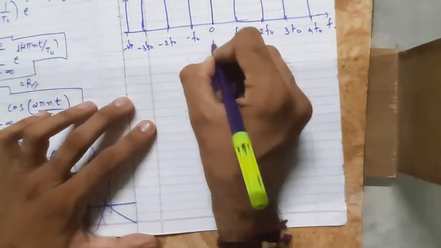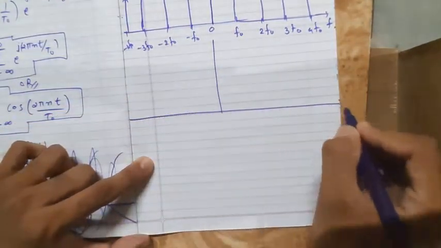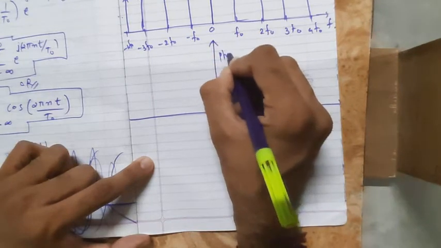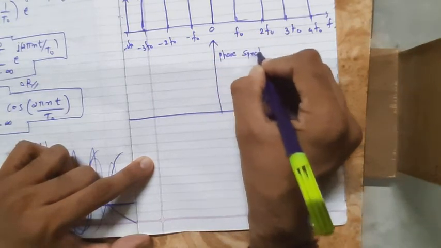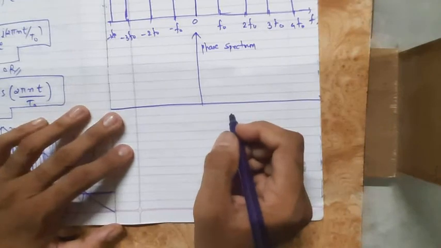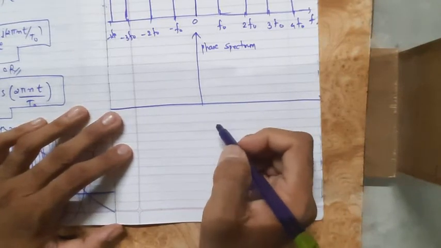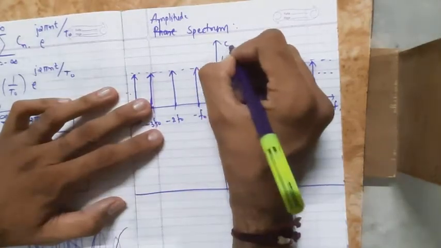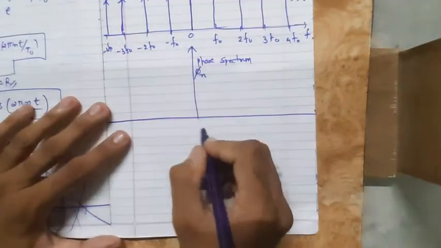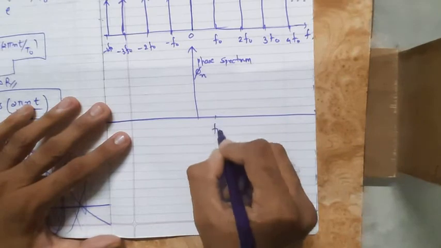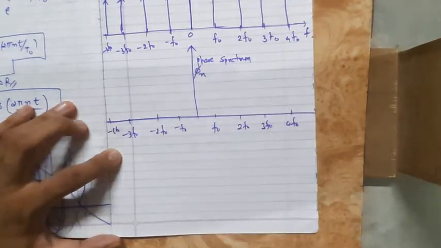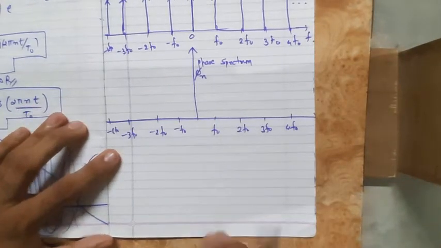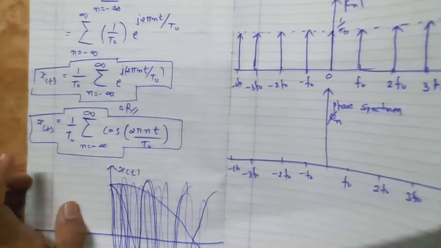Okay, and immediately I am going to plot the phase spectrum. So the phase spectrum is also plotted in the same way, but here you will get phi of n, and here you will get the c of n magnitude, which is the amplitude of course. So I'm going to plot f0 to f0. Okay, but you can see here there is also no phase shift.